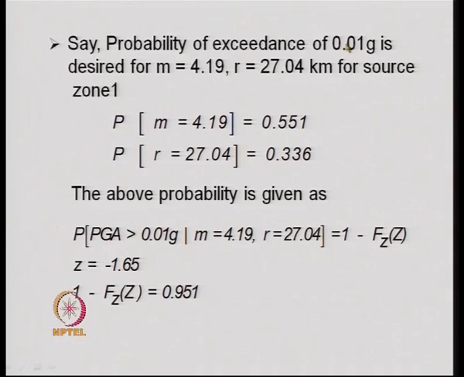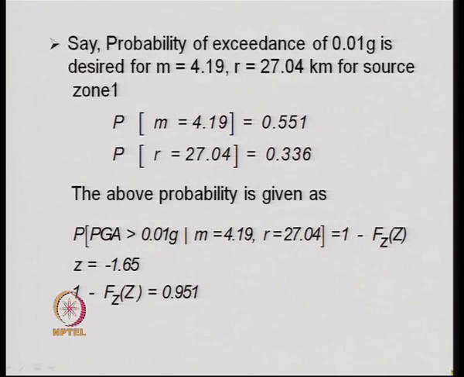So, converting this into centimeter per second square and then finding out its probability, one can get the Z value as minus 1.65, and from the table one can get the value of F_Z(z), and this leads to a probability of exceedance of 0.01 g as 0.951.